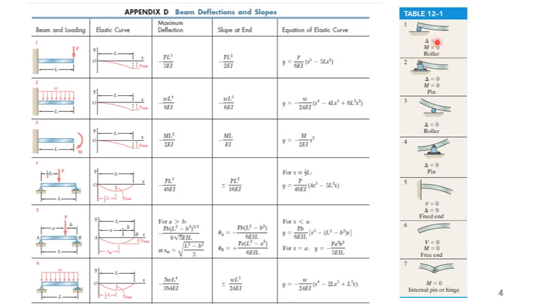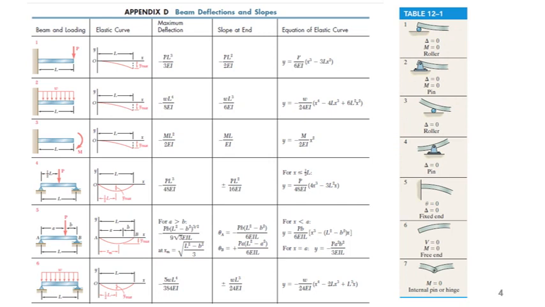So delta is deflection, M is moment, theta is slope. At the free end, shear force will be 0 and bending moment will be 0. At an internal pin, the moment will be 0. So this is showing different boundary conditions and load conditions on different types of support and beam.